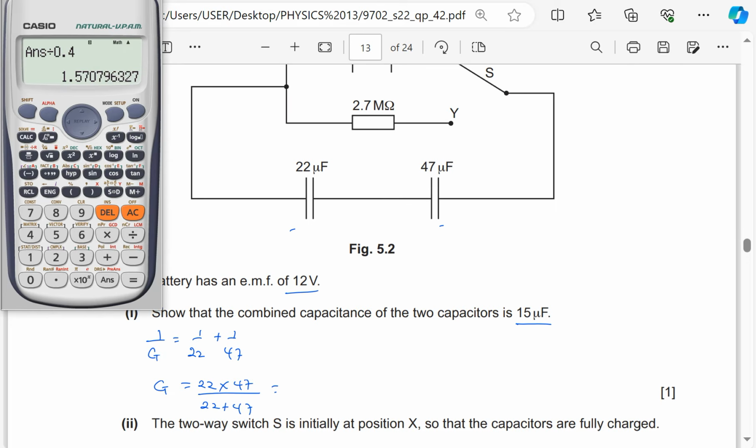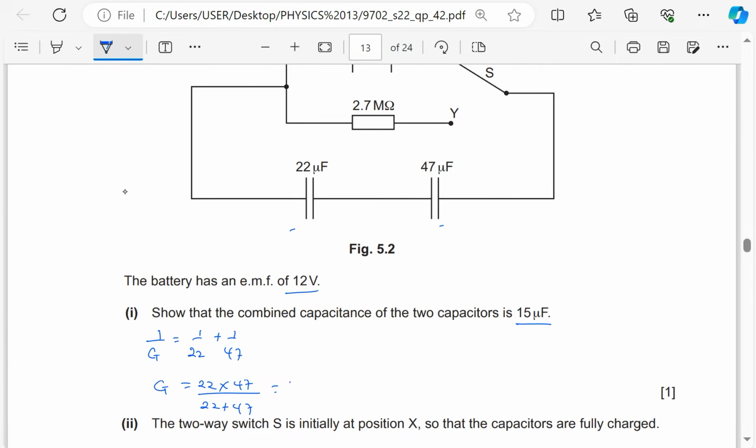So I'll just press my calculator. 22 times 47 divide by 22 plus 47. So this is 14. This is approximately 15.